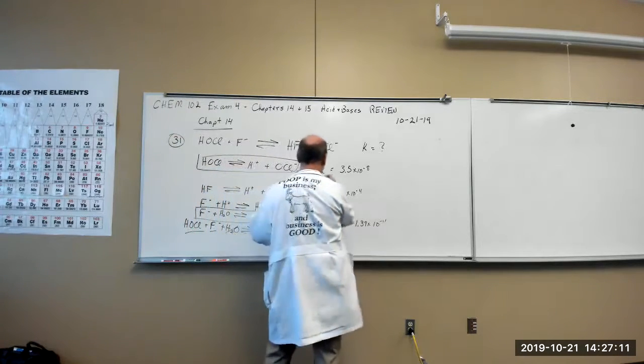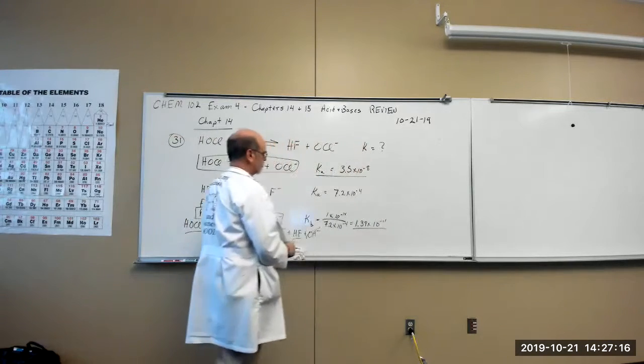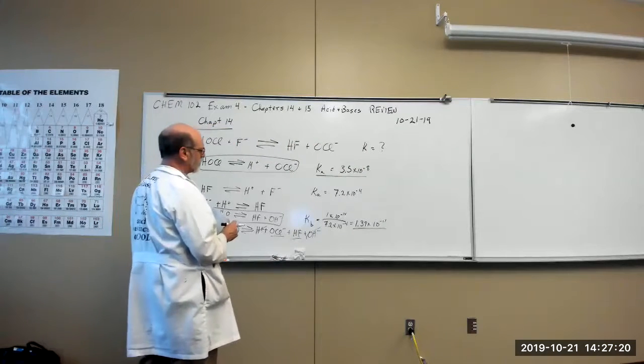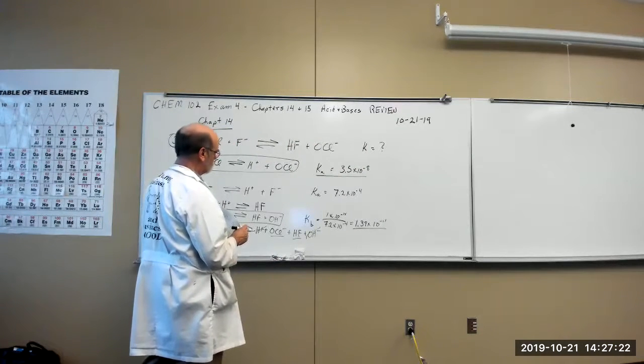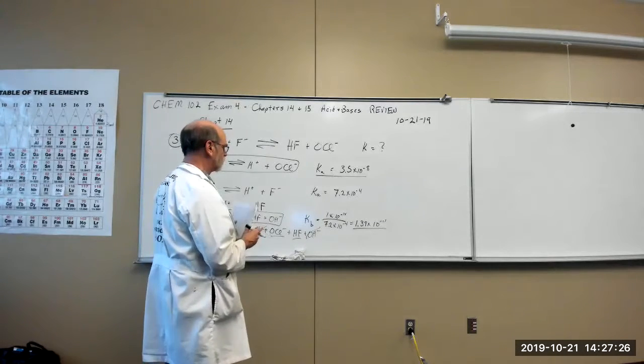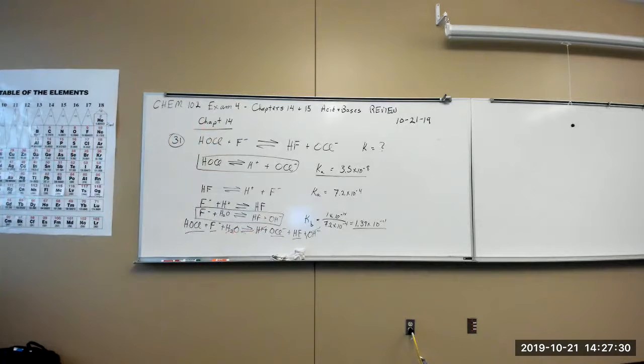So we combine the K's. What do we do to the K's when we combine equations? Multiply them? Is that right?